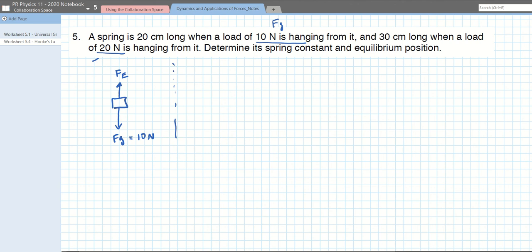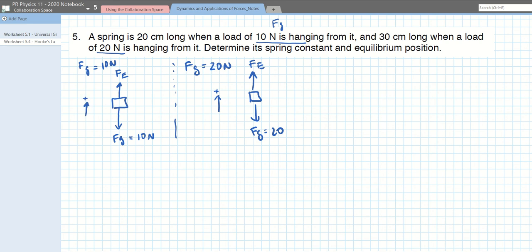Let's say Fg equals 10 newtons, and this one Fg equals 20. And that's going to be our Fe there. Let's make positive up. Those are the two free body diagrams for the two different Fg values.